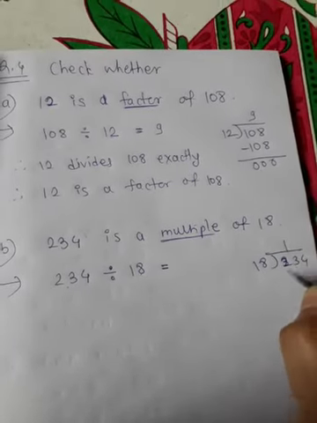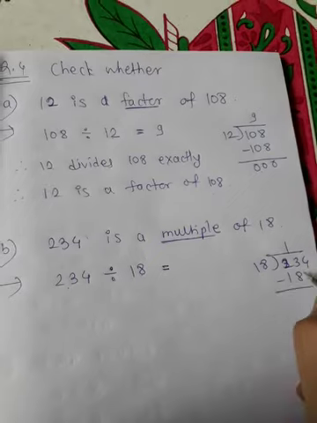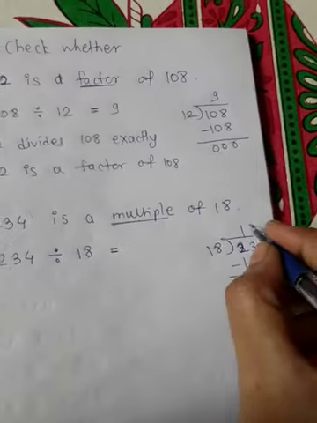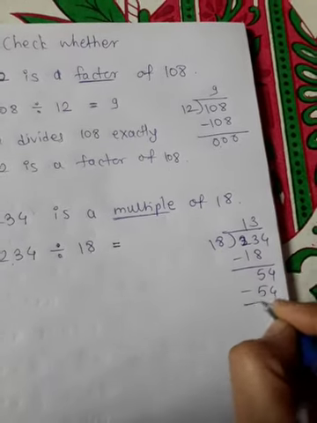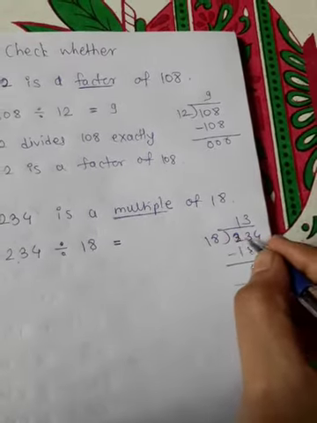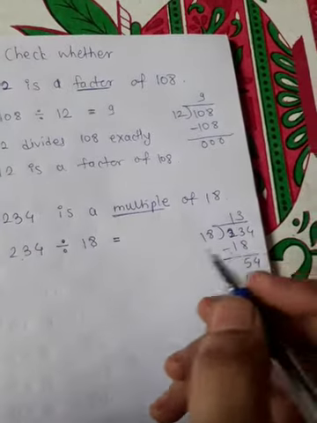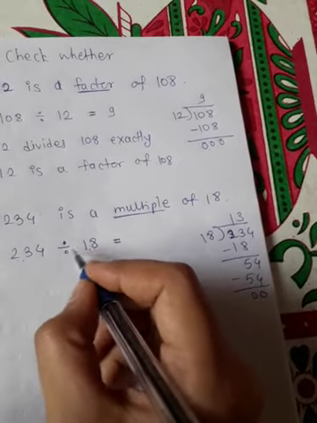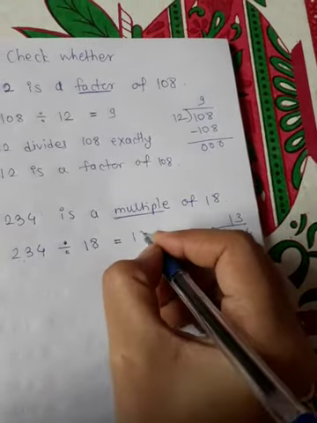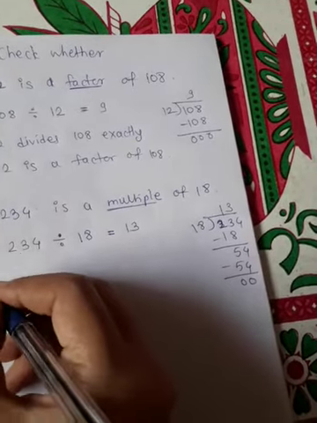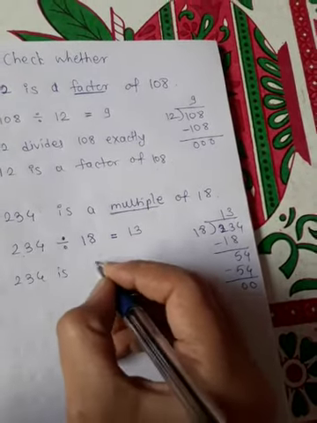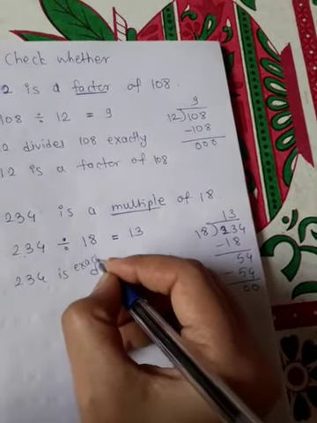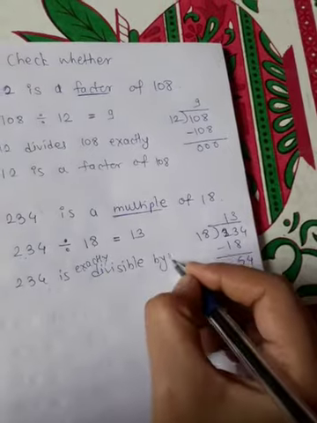So 18 ones are 18, and the remainder is 5, 4 remains, and 18 threes are 54, remainder is 0. So here 18 divides 234 exactly, or 234 is divisible by 18. We can write that 234 is exactly divisible by 18.